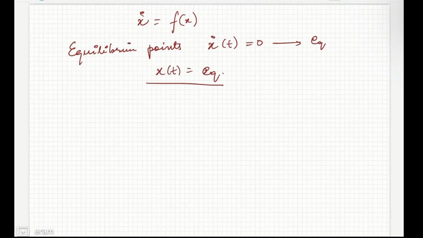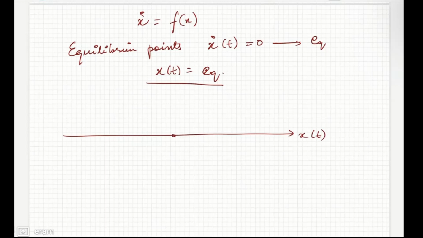So stability basically provides you the notion of boundedness. For example, for a scalar system, here is, let's suppose, your x_eq, the equilibrium point.